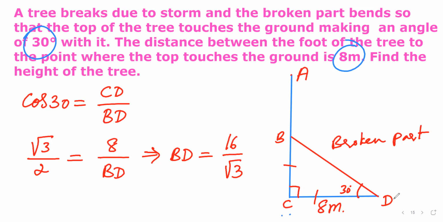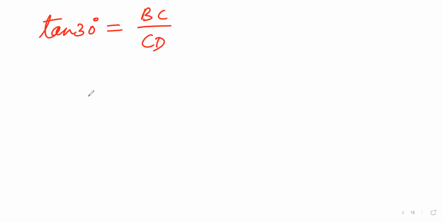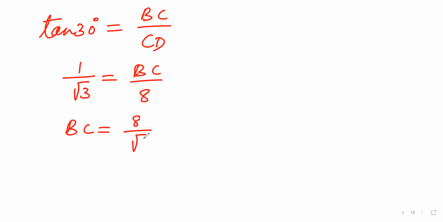This is the opposite divided by base. So tan 30 equals 1 divided by root 3, and here BC divided by 8. Where BC equals 8 divided by root 3, cross multiplying.